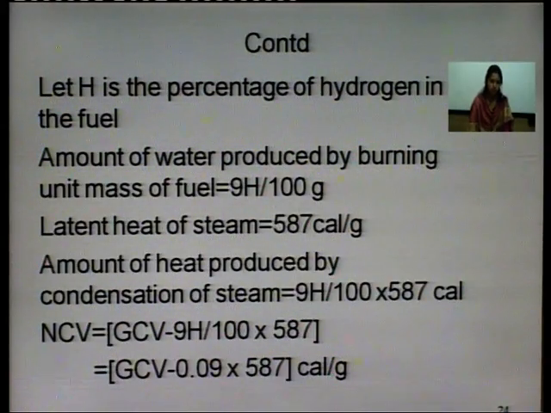So, the formula which we have got for the net calorific value is equal to gross calorific value minus 0.09 H into 587 calorie per gram. This formula we have got by doing the above calculations. So, the relationship between net calorific value and gross calorific value is: gross calorific value minus the latent heat of condensation of water vapor is equal to net calorific value.